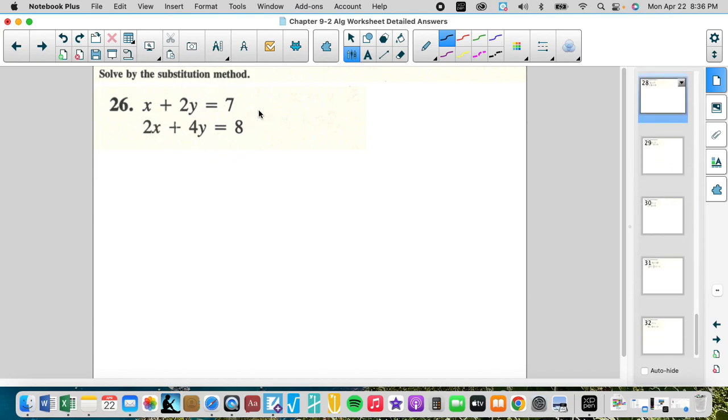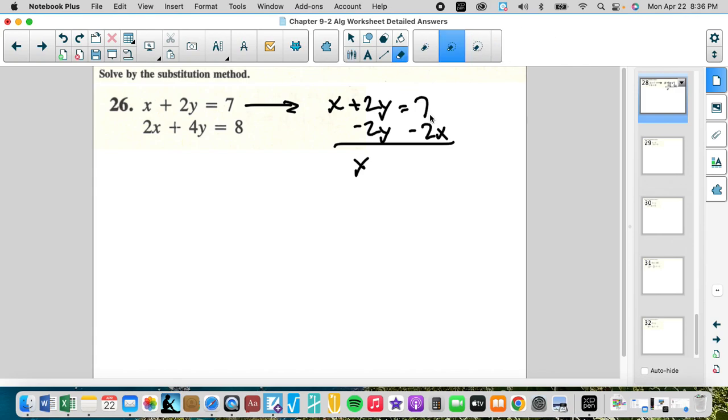All right, so let's take this equation, x plus 2y equals 7. Let's subtract 2y. Remember, we want to isolate for a variable and substitute. That's our initial motivation.